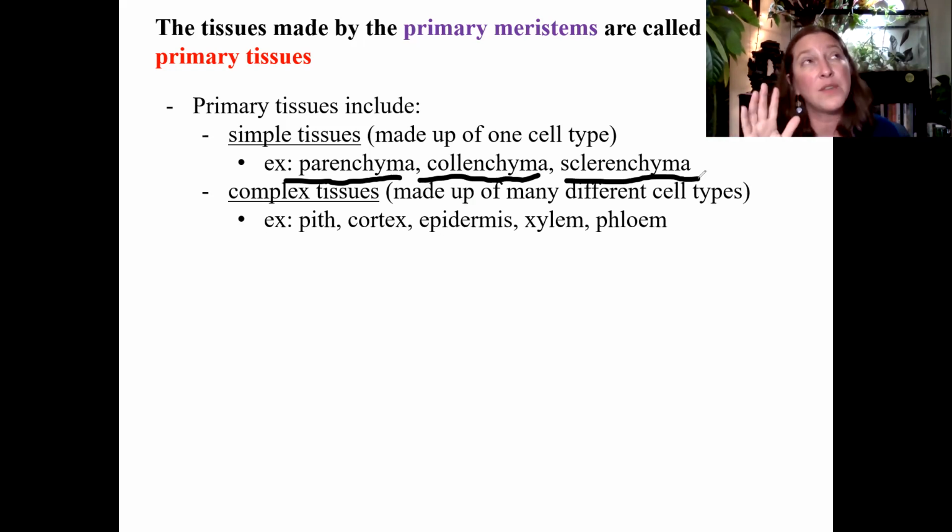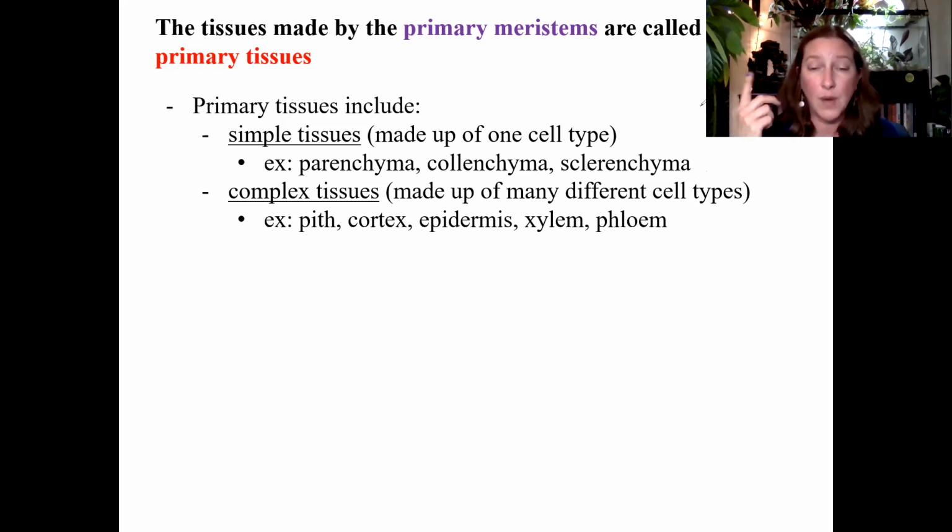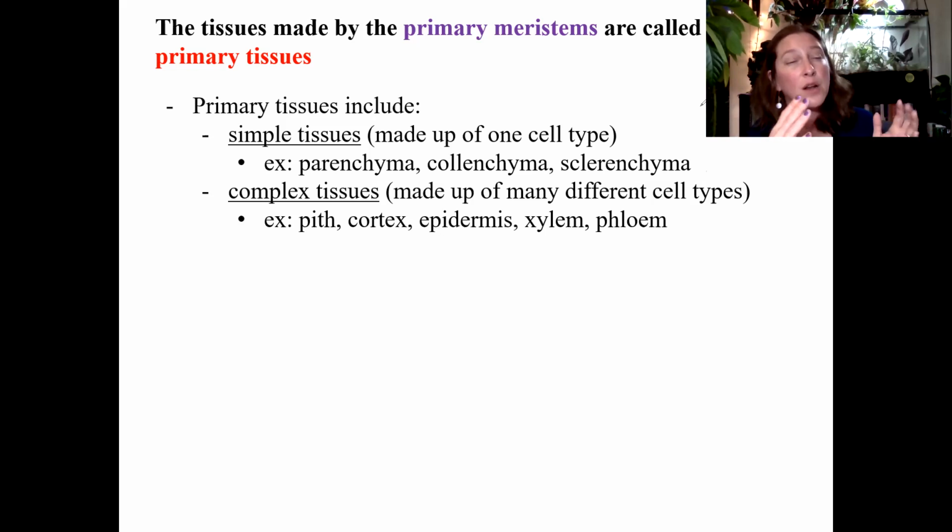But if you have a tissue made up of one type of cell, we call it a simple tissue. And these are some examples of simple tissues: parenchyma tissue, collenchyma tissue, and sclerenchyma tissue. However, you could also have complex tissues, which means they're tissues made up of many different types of cells.